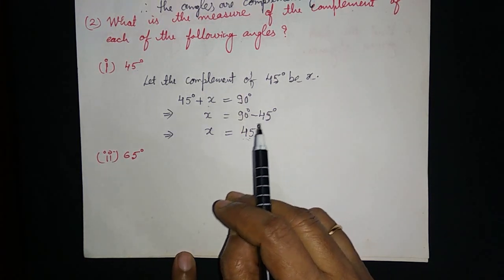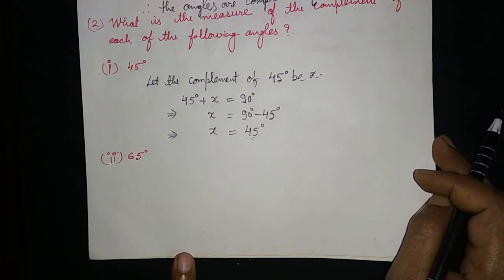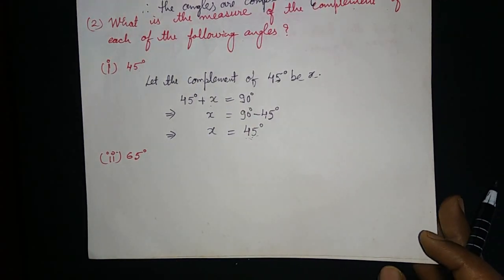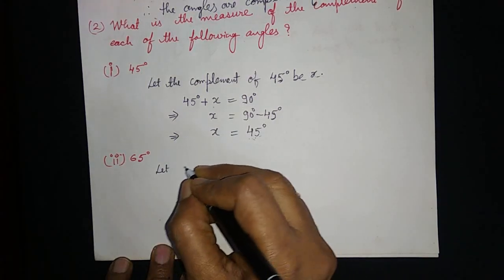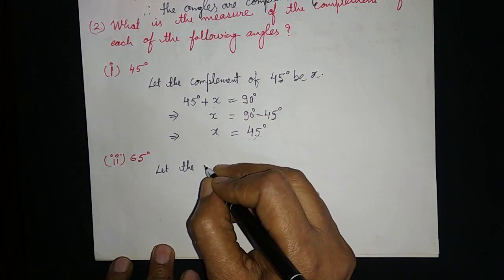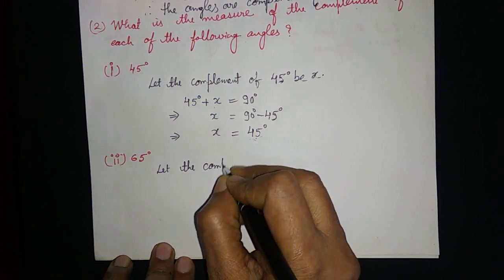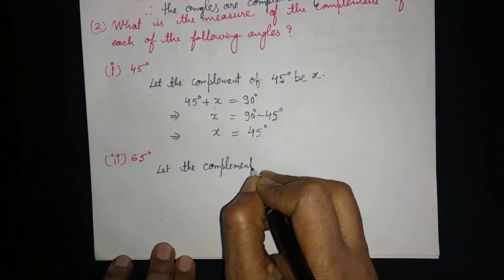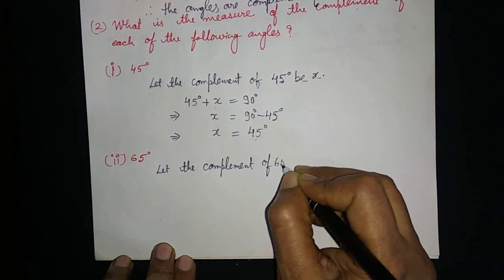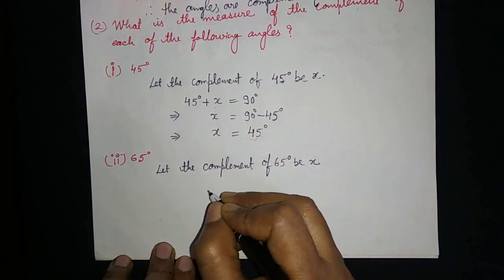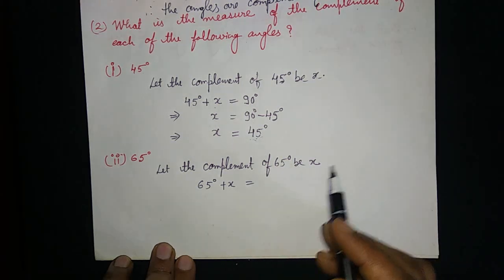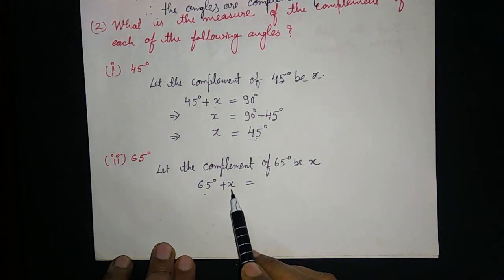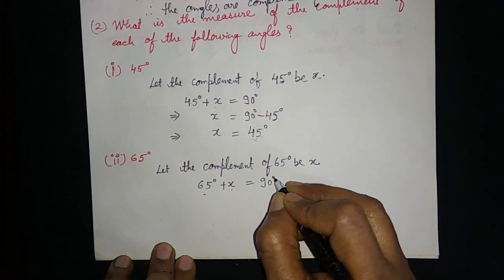Now see one more part of question number 2. The rest of the parts you will solve yourself. Here again we will write, let the complement of 65 degree be x. Now 65 degree plus x: the given angle and its complement x, their sum is equal to 90 degree.